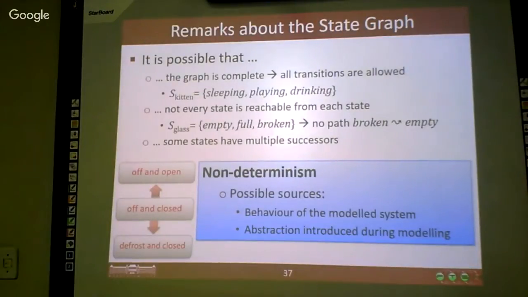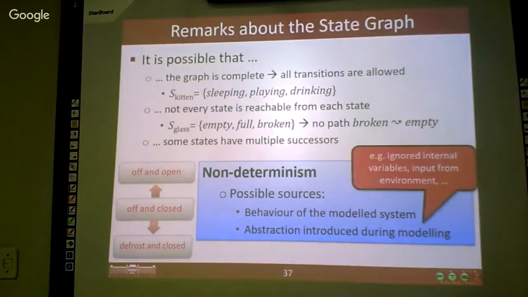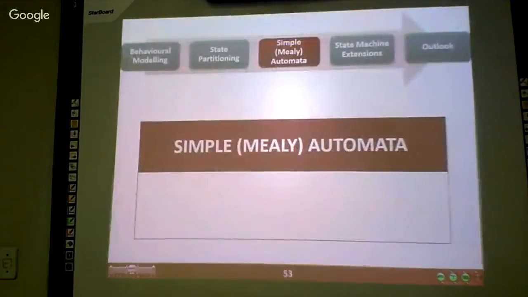This kind of non-determinism comes either from the behavior of the modeled system or from the abstraction introduced during modeling. Actually, this means that, for example, if we ignore some internal variables or some inputs from the environment, then it is very easy to get a non-deterministic model.